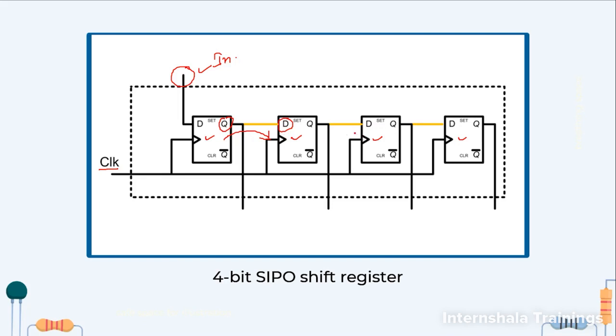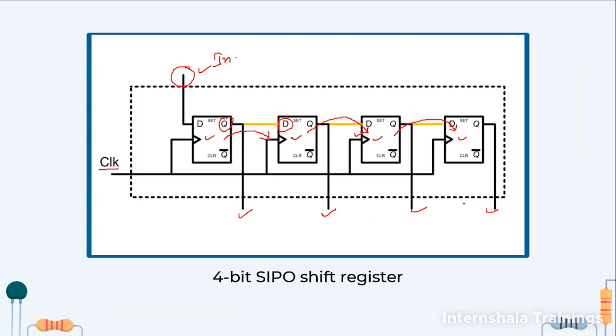Similarly, this flip-flop will also be triggered, and this value will be transferred here. Similarly, this value will be transferred here. Now after the 4 cycles are complete and we have 4 valid bits at all the 4 outputs, we can read them on these 4 ports.